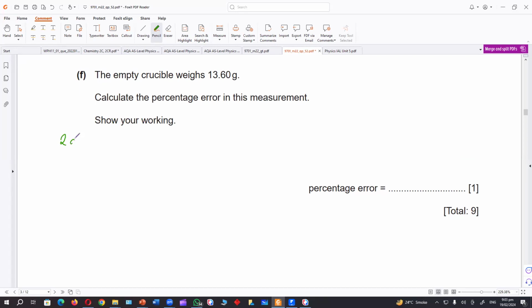This is a permanent mathematics thing. 2DP means 0.01. In our O-level GCSE math, we call it bounds. So the bound will be 0.01, and we always have 0.05. This is called the concept of error in rounding. Now we read it twice. Empty crucible weighs 13.60.